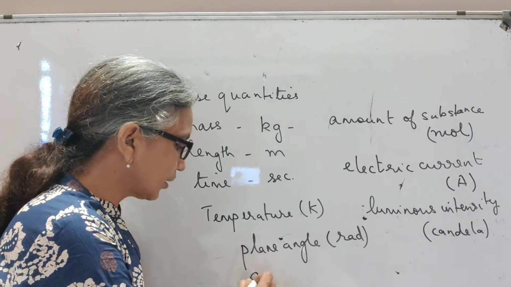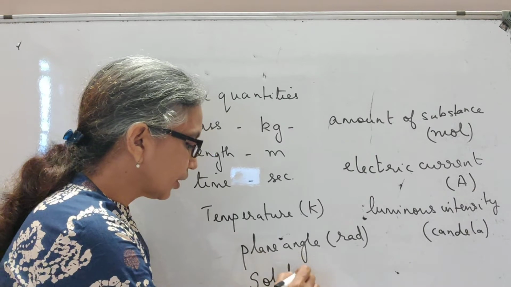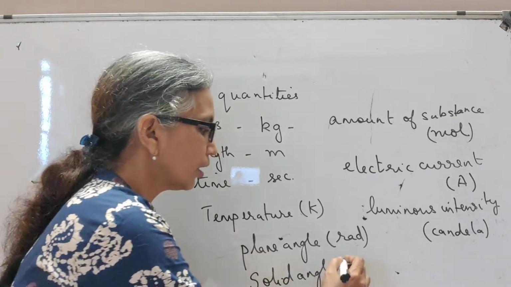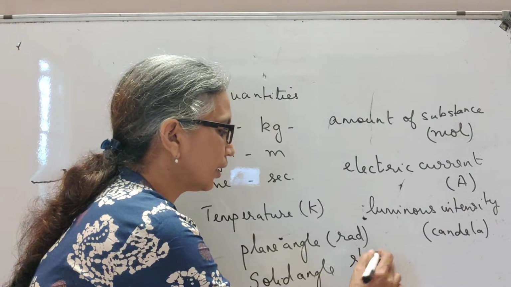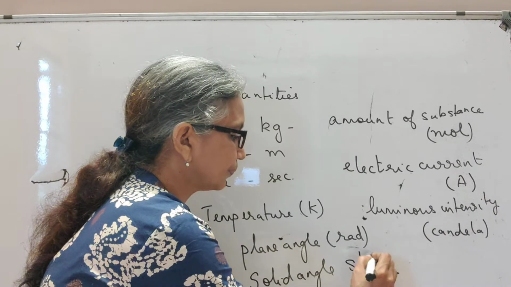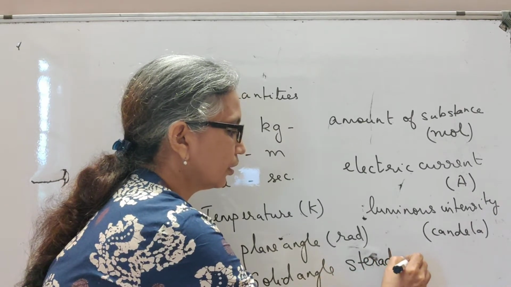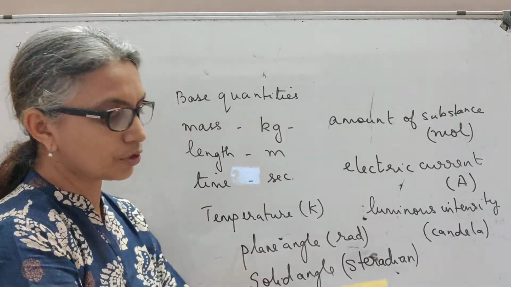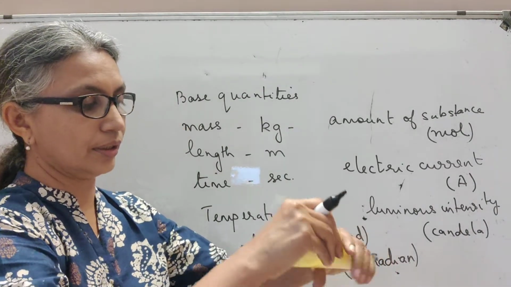We also have solid angles. A solid angle is actually a 3-dimensional angle. Its SI unit is the steradian. Suppose you have a cone like this.